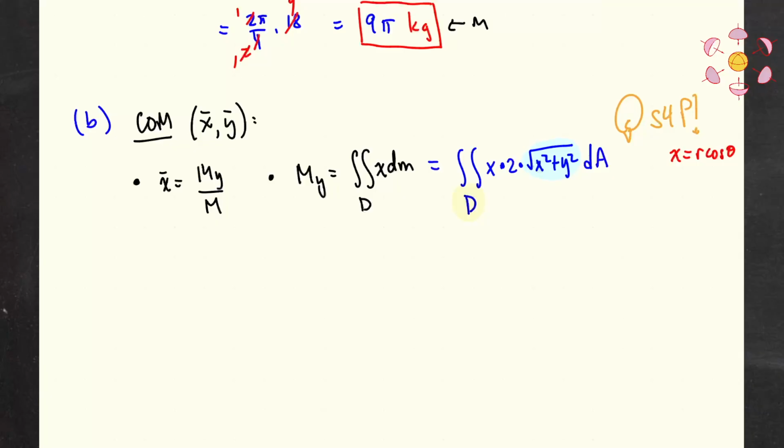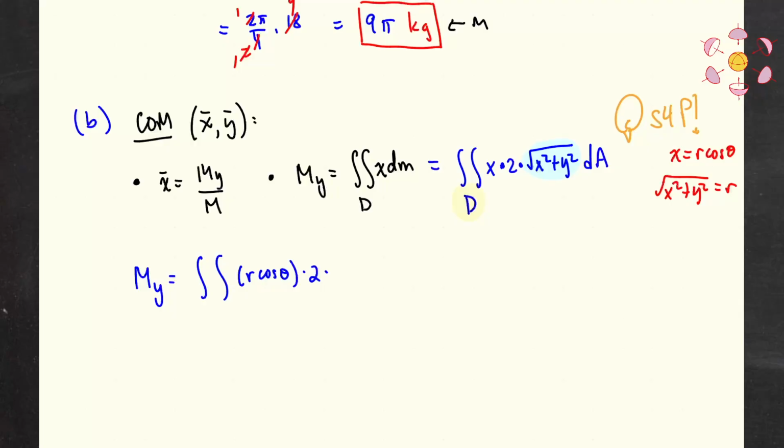So My then is the double integral. Let's replace x with r cosine theta times 2 times, remember in the last part, we had that the square root of x squared plus y squared just simplified to r.